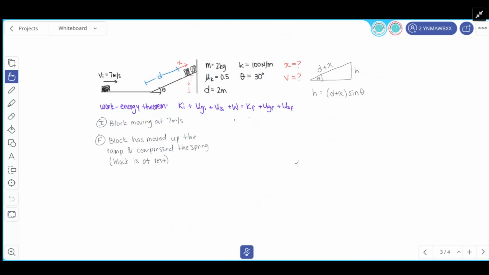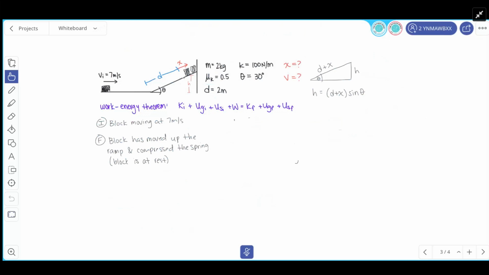In the second part, we can keep the same initial conditions, but our final conditions are different because we are now looking to find the amount of compression of the spring. So when the block has moved a little bit further up, the spring is compressed. X is the variable that we use for the stretch or compression of the spring, so we see that there. We have a new height because it's moved further up the ramp.